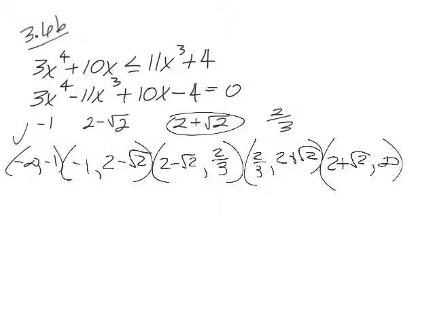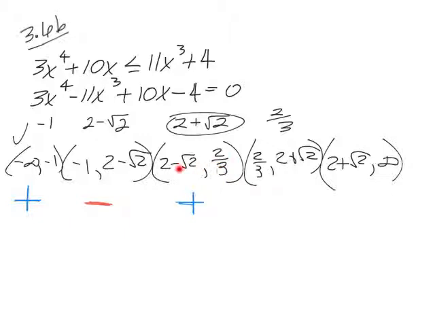So when we grab a number somewhere between -infinity and -1 and plug it in, it will spit out a positive answer. When we do the second interval, a number somewhere between there, it gives us a negative. The next one gives us a positive. If we pick like 0, or a number between 2 minus the square root of 2, which is actually a little over a half, we're going to pick a number in this interval somewhere between a half and 2/3.